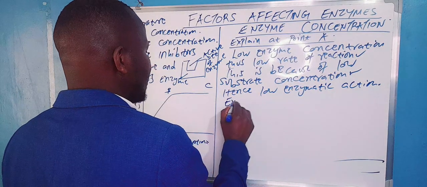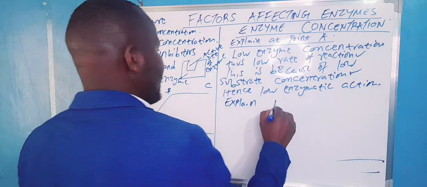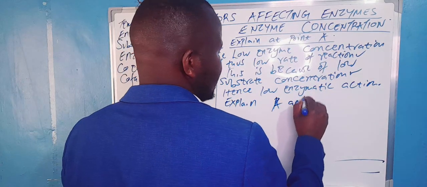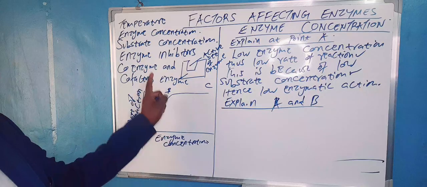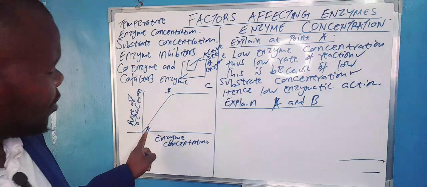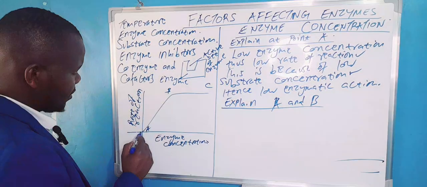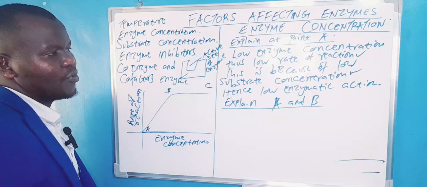Then you go on to explain A and B. You can check that you are starting to increase your enzyme concentration.